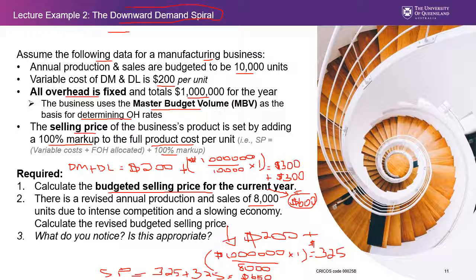If we're using a master budget volume as the capacity for our budgeted fixed overhead allocation base, then we have a problem when that budget and our pricing is linked to our costs, and if that denominator keeps reducing, our costs keep increasing, or the costs that we allocate to that job, and therefore our price keeps rising, which results in less demand, and that's what we call the downward demand spiral.